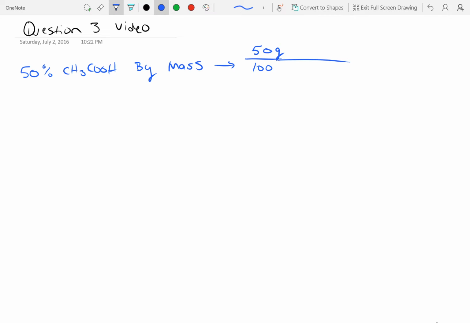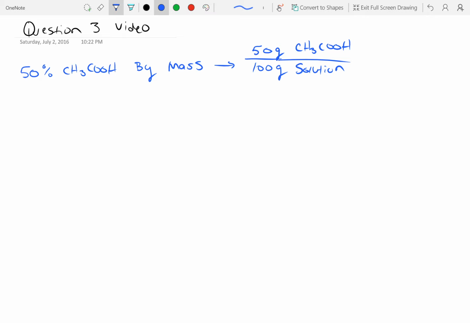So if you're 50% by mass, that means 50 grams of whatever you're talking about, in this case CH3COOH, makes up 100 grams if the total is 100 grams. The total is referred to in chemistry as just the solution.